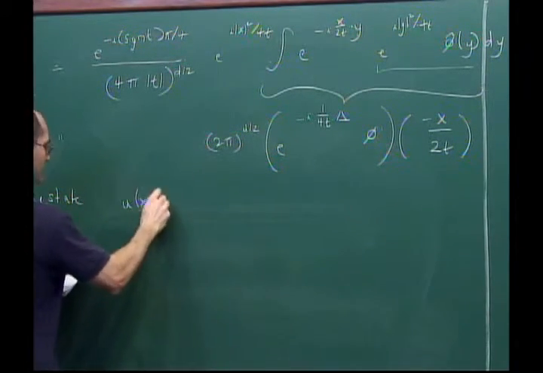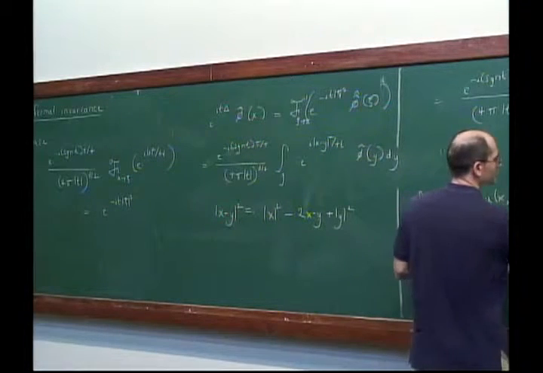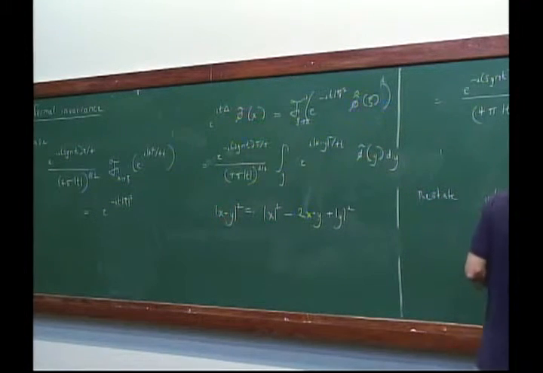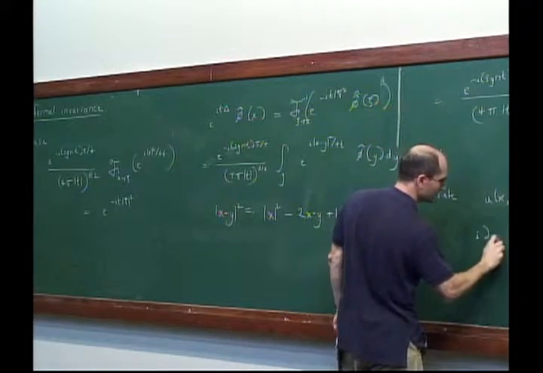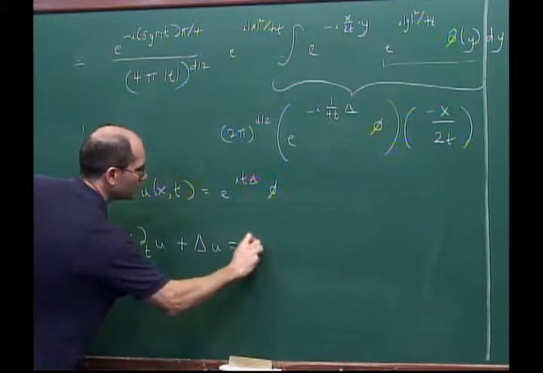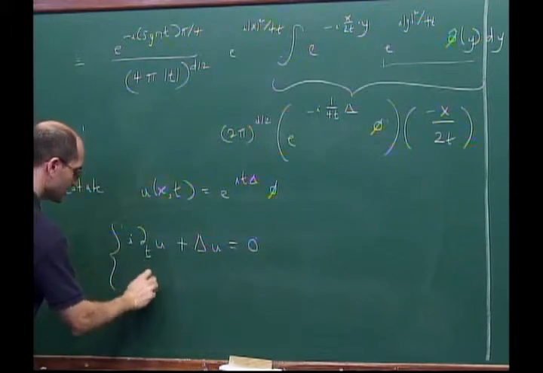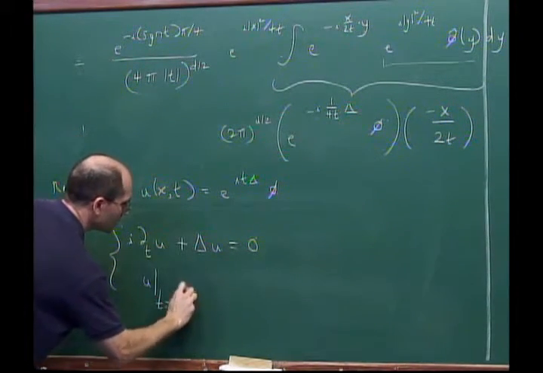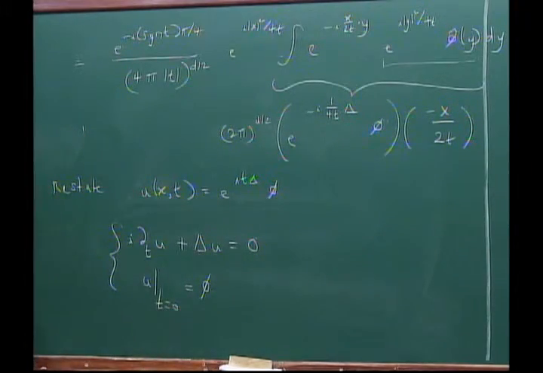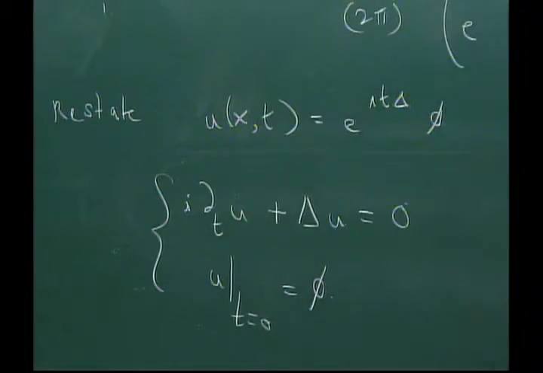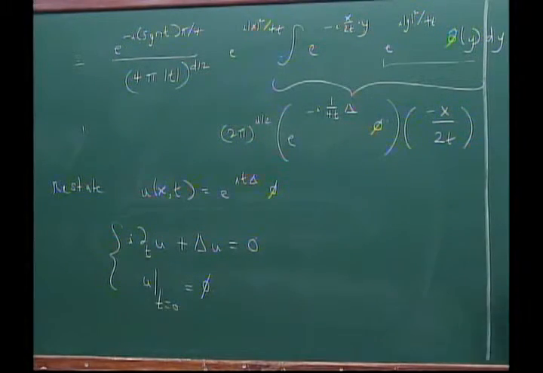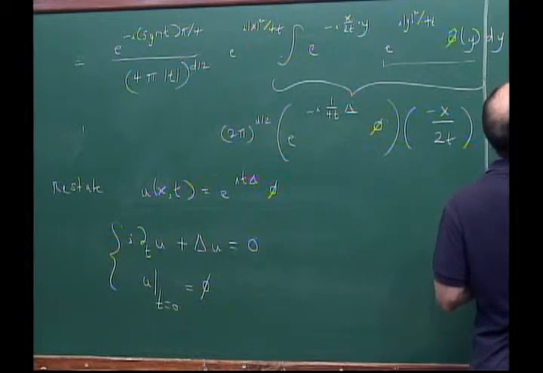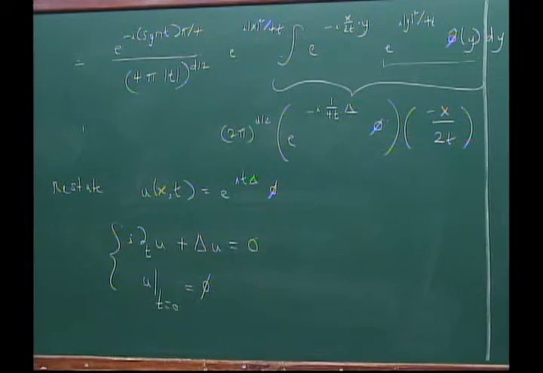If you start with u of x,t equal to e to the it Laplacian phi, so that we have a solution to the linear equation with the initial condition phi, then we set u tilde, with any constant you like.